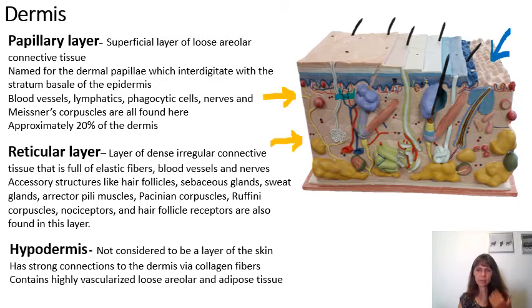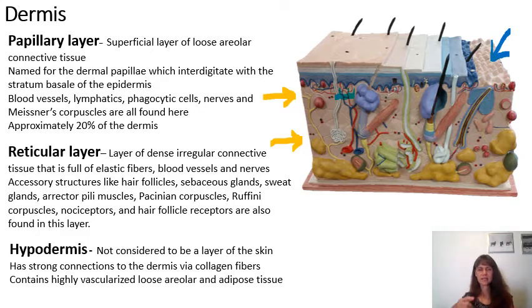These upward nipple-like projections are referred to as papillae, and the papillary layer of the dermis gets its name from the dermal papillae that interdigitate with the stratum basale of the epidermis. And if you think about the increased surface area of the dermal papillae, that allows for more area of the stratum basale to form a connection with the underlying connective tissue.